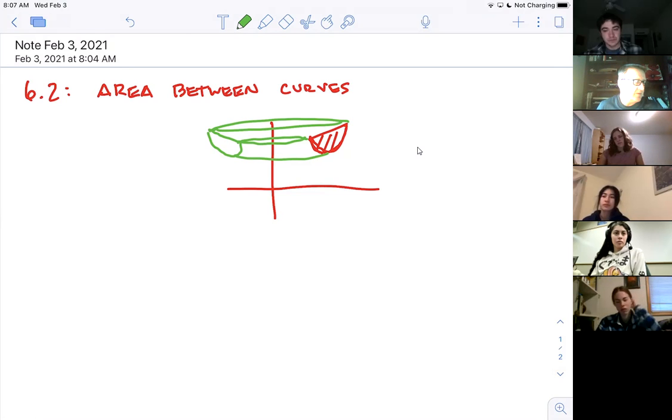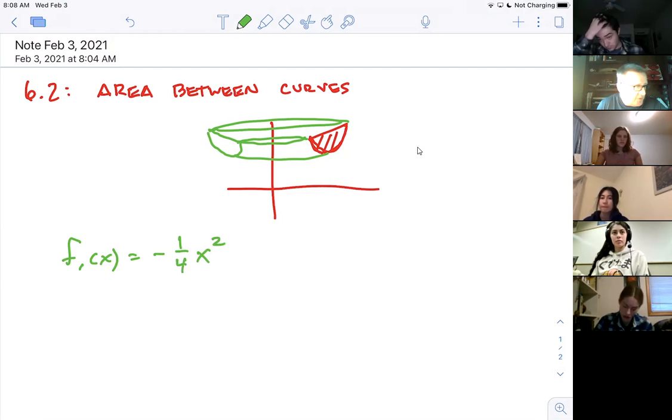So let me see. I'm going to go graph this in Desmos. You might want to do this as well, but I'm going to make one curve. Let's even be a little fancy and call this f1 of x: negative 1/4 x squared plus 2x plus 1.